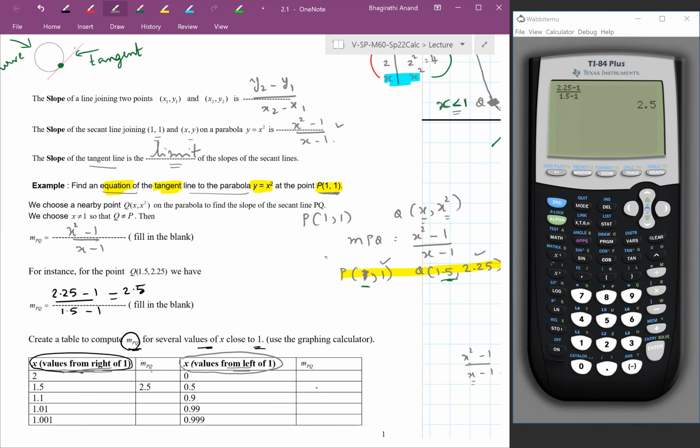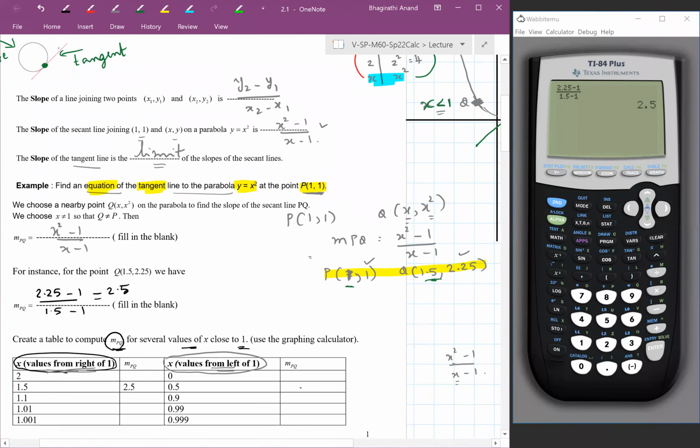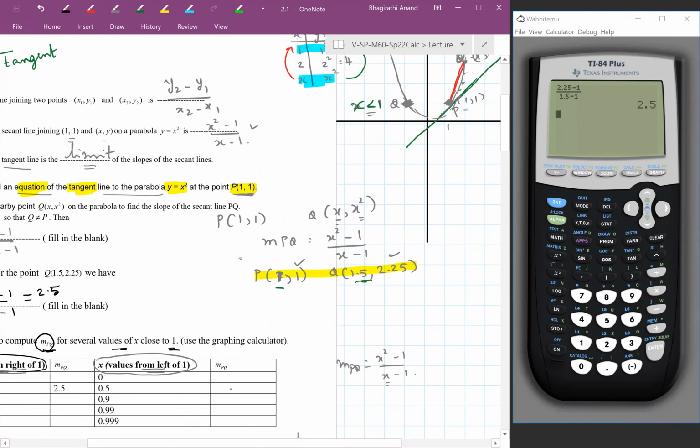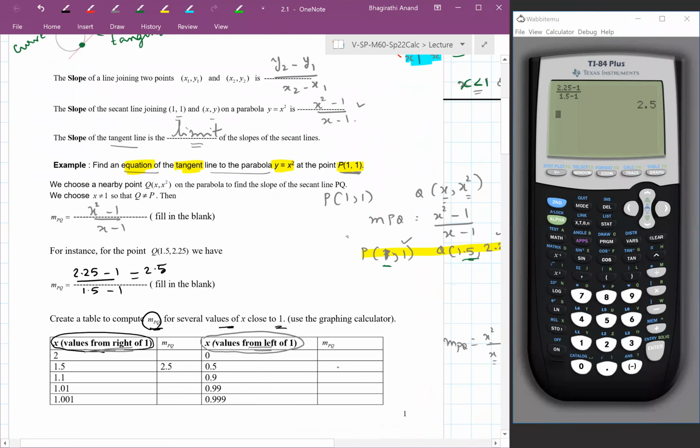So we are going to do this computation, M of PQ, which is x squared minus 1 over x minus 1 for different values of x. We already did 1.5, which is shown here. The slope turned out to be 2.5.